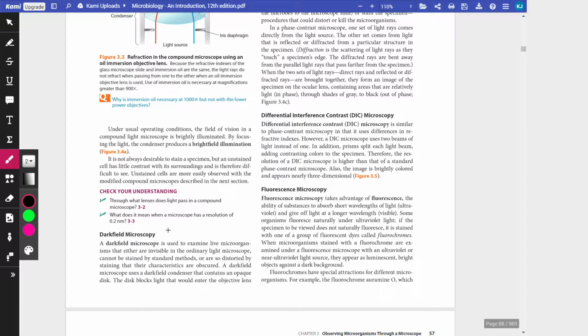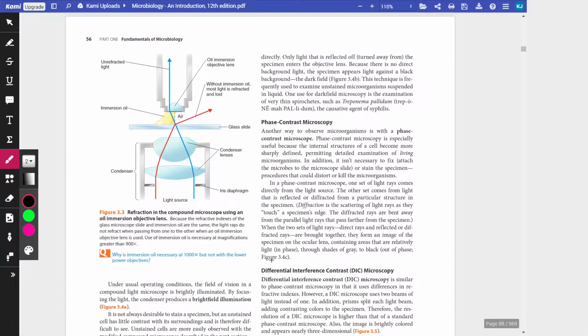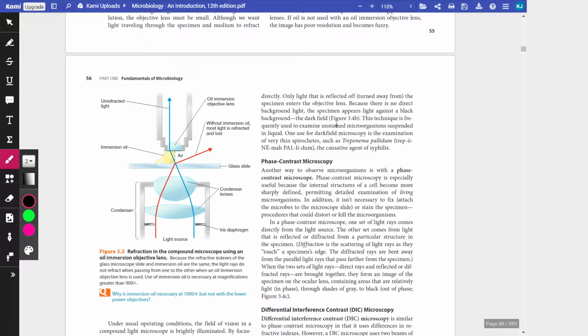Bright field illumination. Phase contrast microscopy. Contrasts make things more sharply defined, so you'll be able to see your microorganism better.